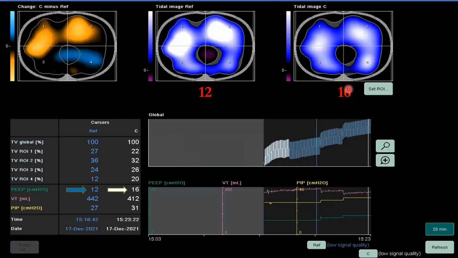This is represented here by a downward trajectory in the distribution, which is a good thing over here. And you see the difference here, much more ventilation here, less there. That's represented again by orange. The increased ventilation that is here, better here, that's represented by the blue.